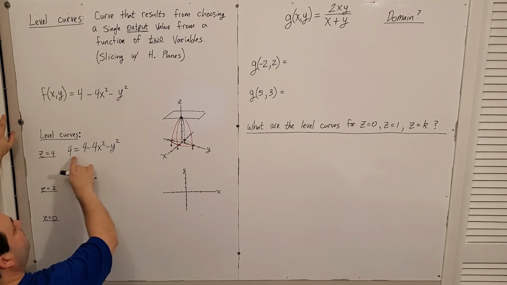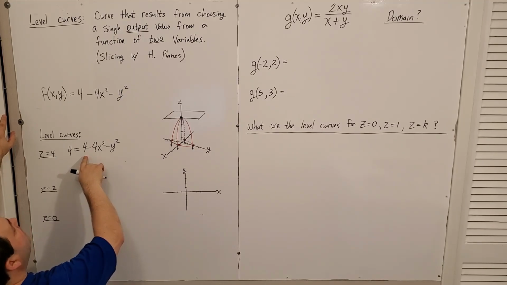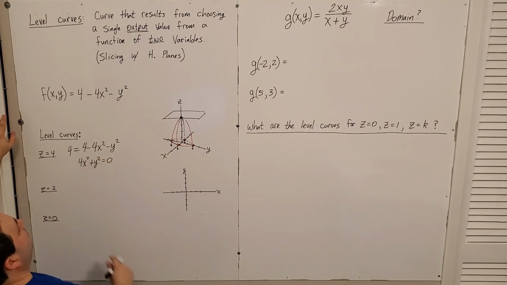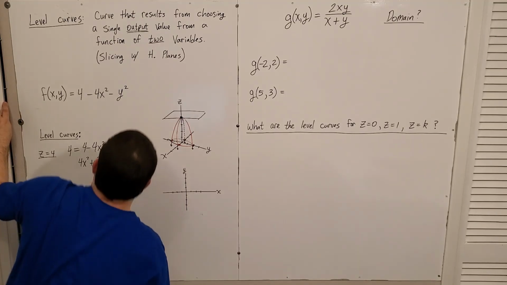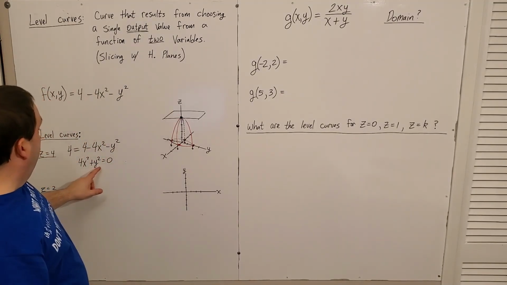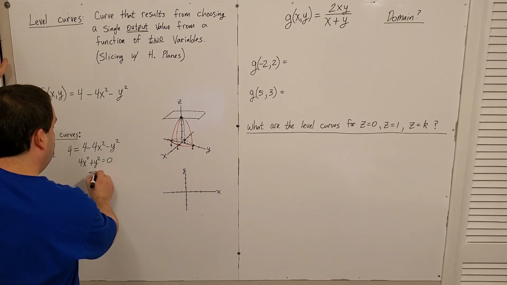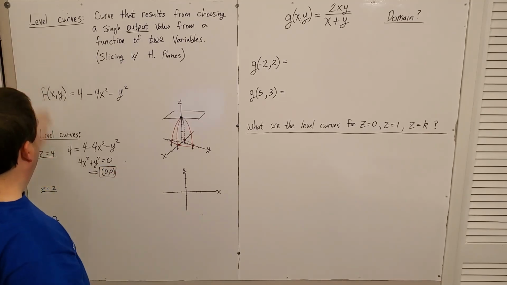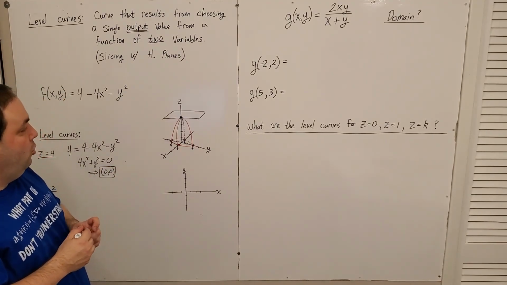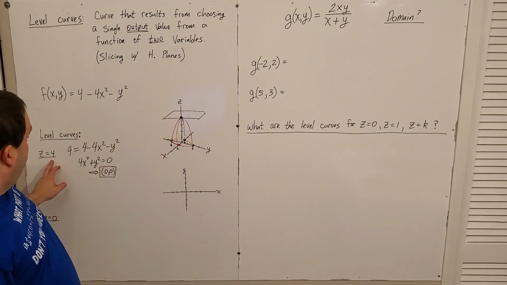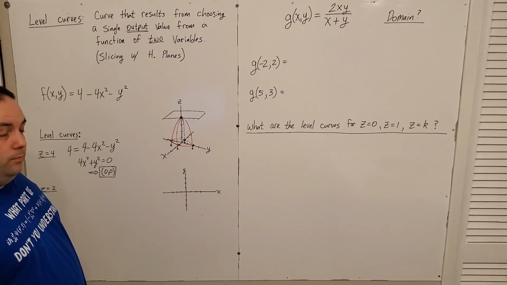I subtract 4 from both sides and get 0, and then multiply by the negative, and basically I'm getting 4x squared plus y squared equals 0. Since these are both squares, really the only thing I can get from that is the point 0, 0. So in this case, the level, quote-unquote, curve is only the single point at the tip right there, where z equals 4 and x and y are both 0.